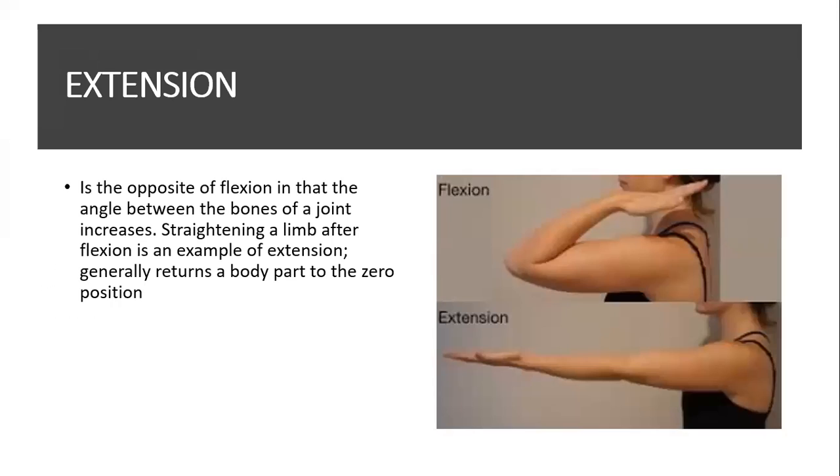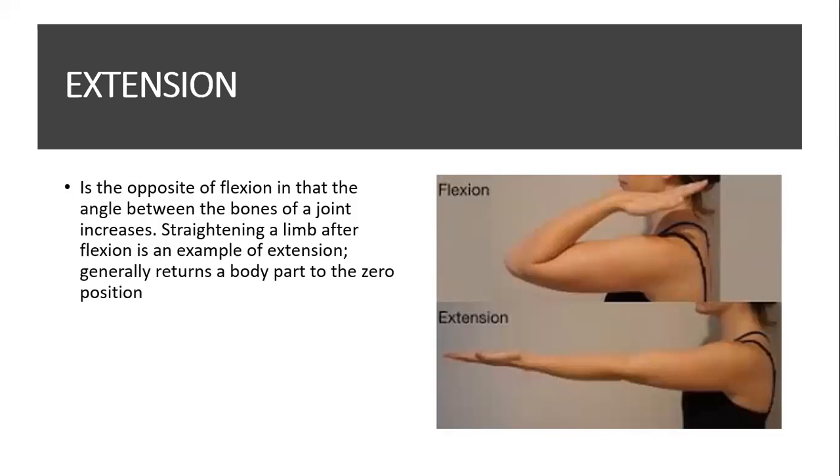Extension is the opposite of flexion. It's where the angle increases. It's where we're straightening out a limb, all right? Or we're returning the body part to the zero position. So extension of the neck is bringing your head backwards. Extension of the shoulder is returning it back to zero and also going backwards. So going forwards with your shoulder is flexion.